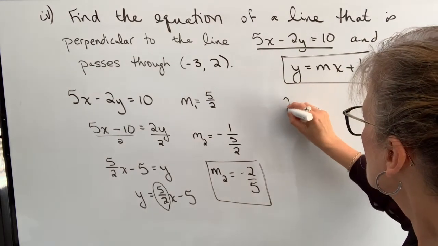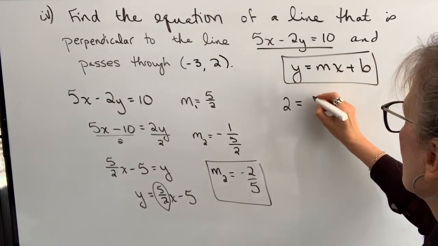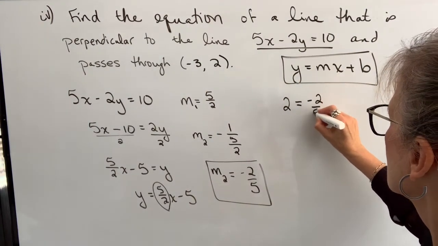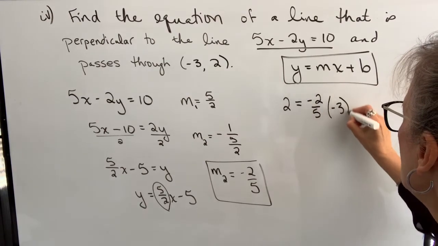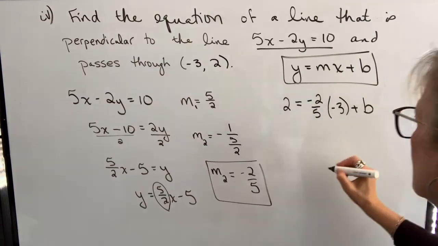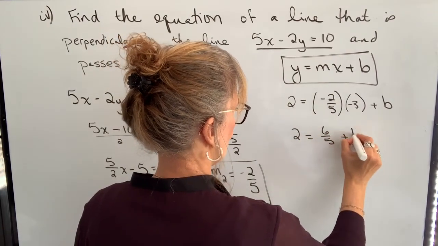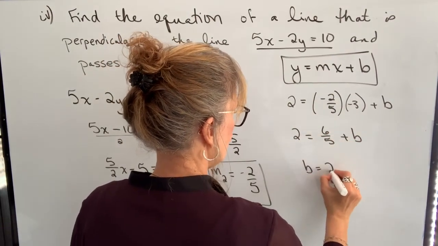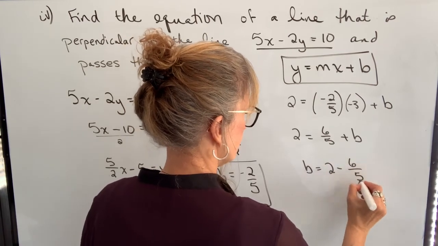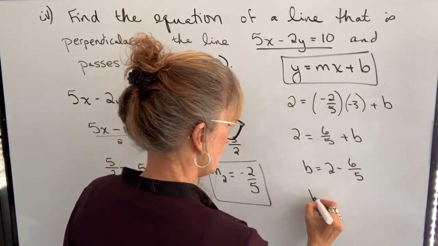So y is equal to 2. M is negative 2/5. X is negative 3. So b will equal 2 minus 6/5. We need a common denominator.